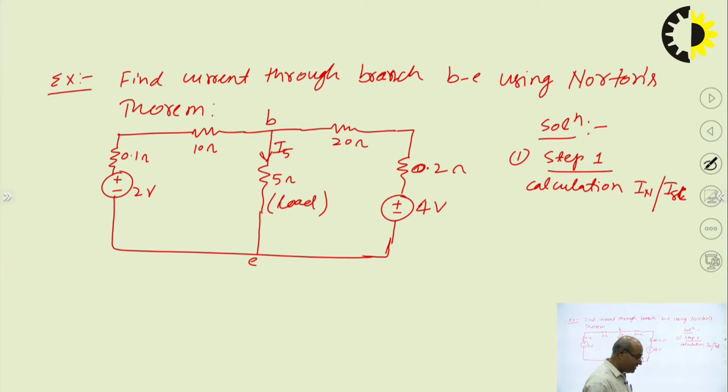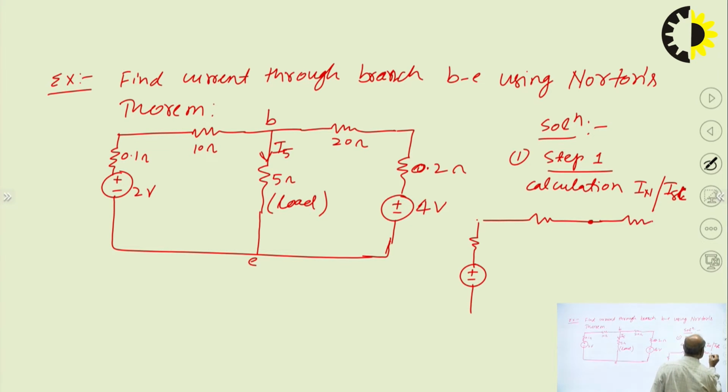What is the procedure? The procedure is to put a short circuit across the load terminals and find the current in that short circuit, that is IN. So our circuit is: here is our resistance, then our voltage source, and here is a resistance, and here is our load, and again here is a resistance and a voltage source.